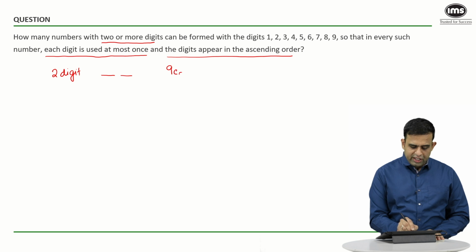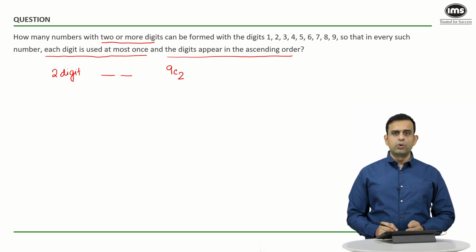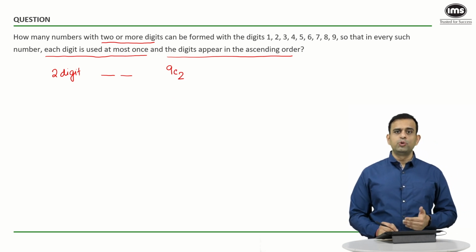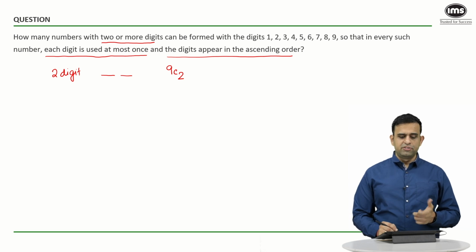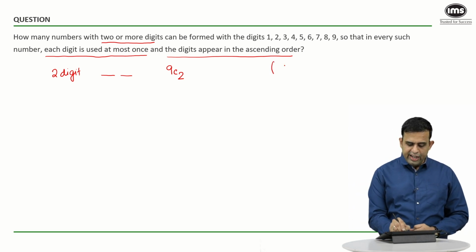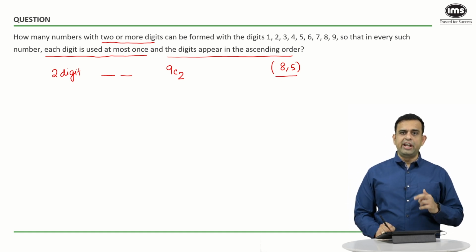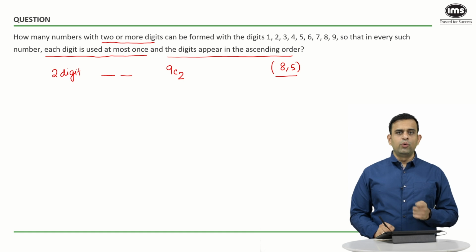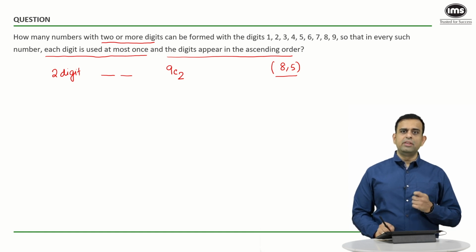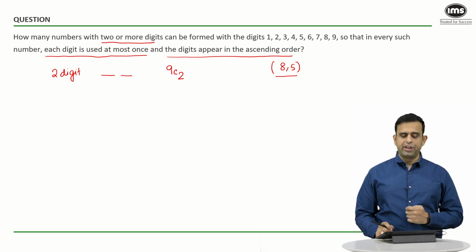I can do so in 9C2 ways. Please note that in this case, we are not supposed to do the arrangement. For example, if someone says that I have taken the numbers 8 and 5, they can be arranged as 8, 5 or 5, 8. But in only one case are the numbers in ascending order, like 5 and 8 over here.